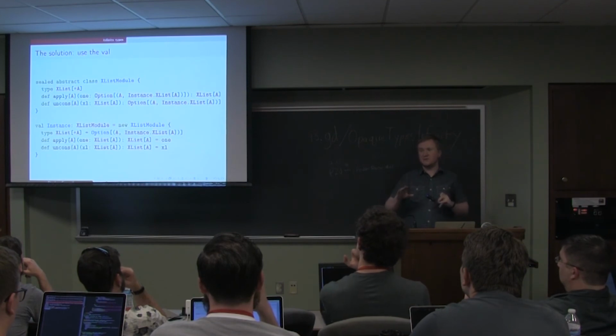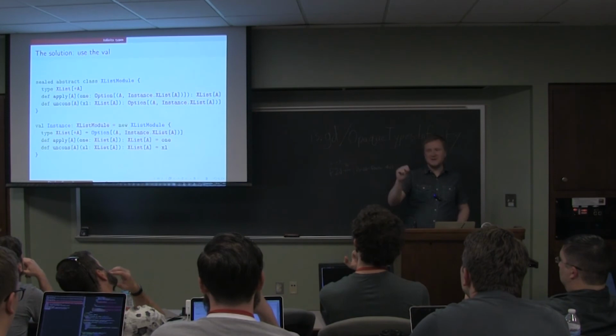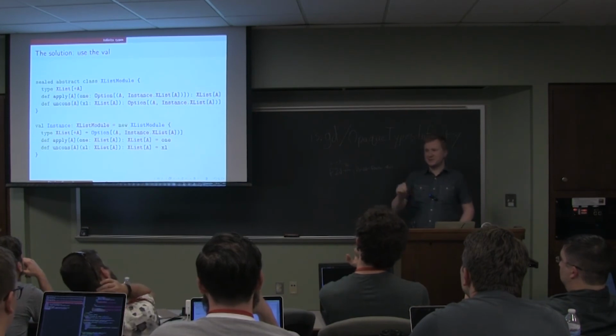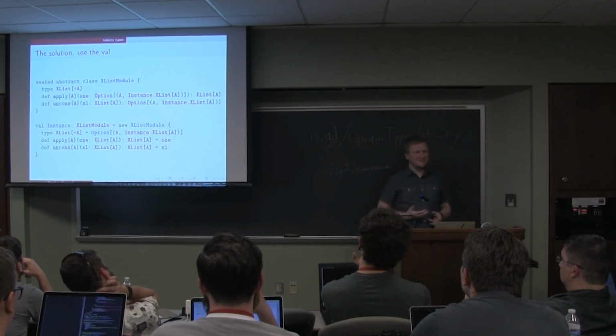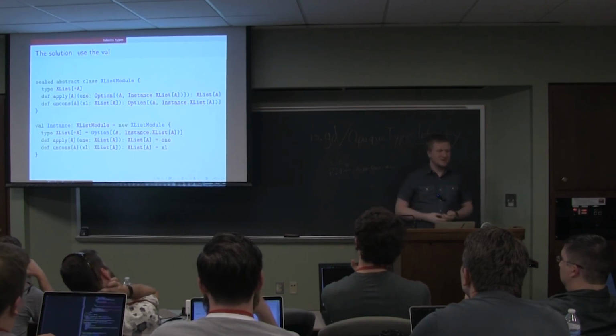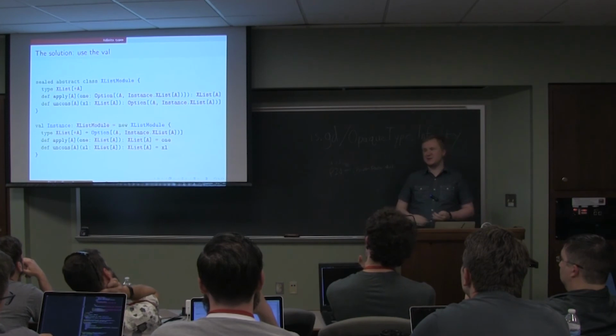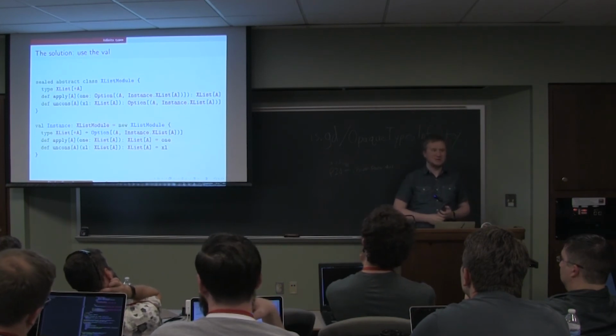So the user of instance, the user of our abstraction, is going to see all these xlists as the same, instance.xlist. But none of our definition will know that. So everyone knows precisely what they need to know in order to actually use this abstraction.